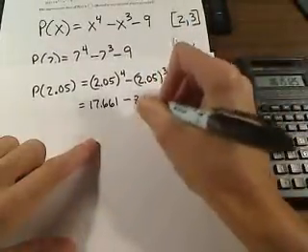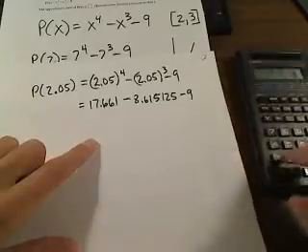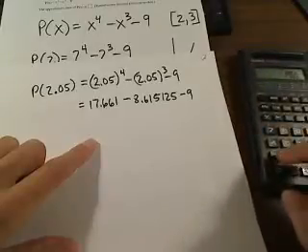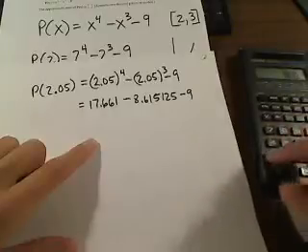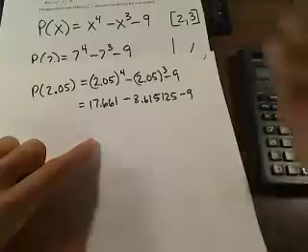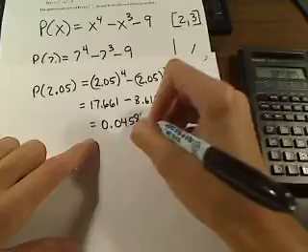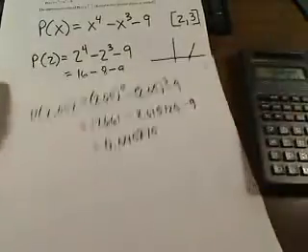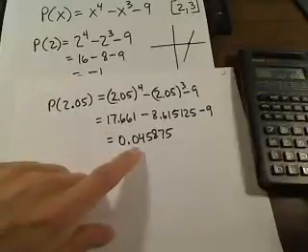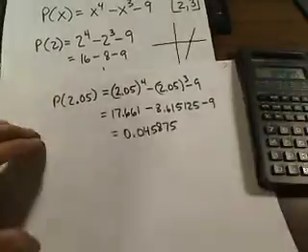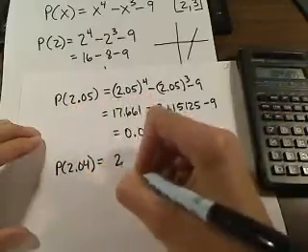So 8.615125, and then minus 9. So if I go ahead and do that math right there, I get something positive still. Okay. All right, so we know then that the 0 is between 2 and 2.05, but this is getting pretty close to 0. So I think I'm going to try p of 2.04 next and see what I get.